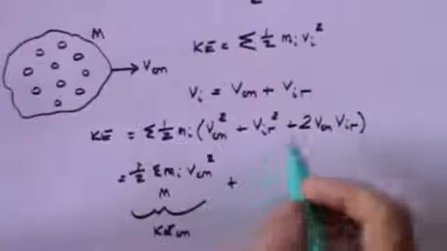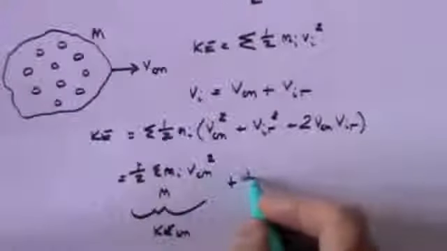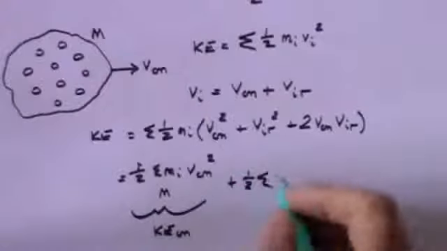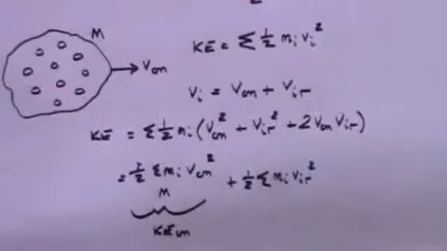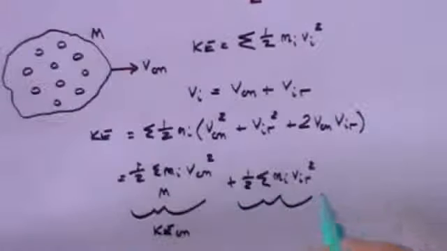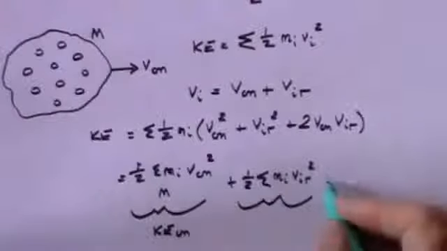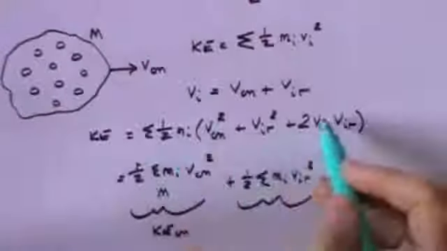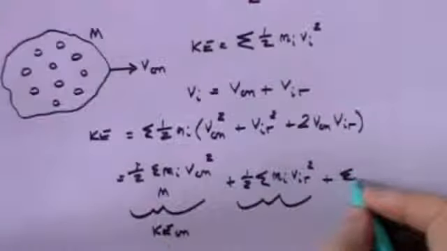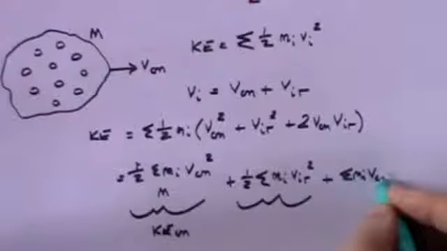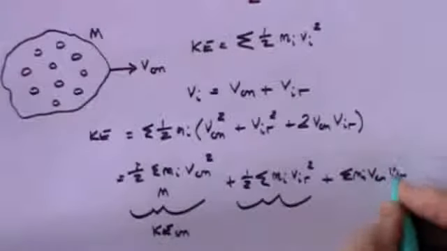Plus this term here, a half sigma mi vir squared. And I'll come to that later. Plus a half times 2 cancels out, so we've now got sigma mi v centre of mass vir.